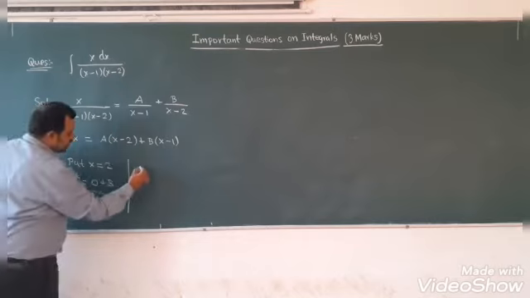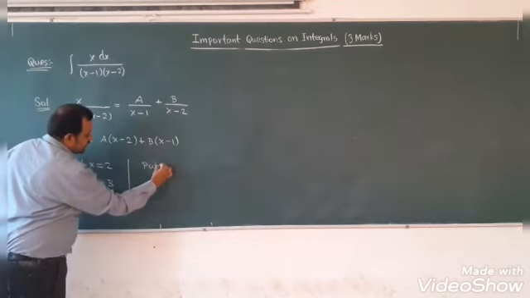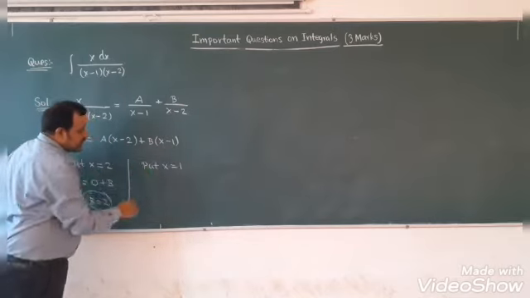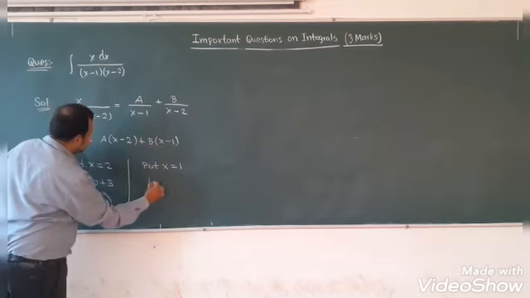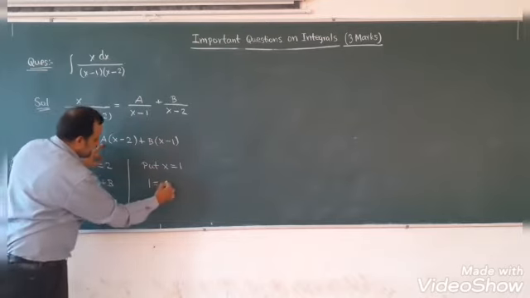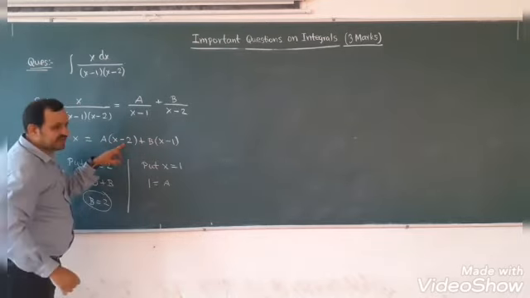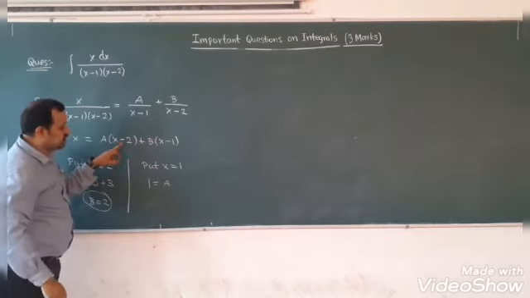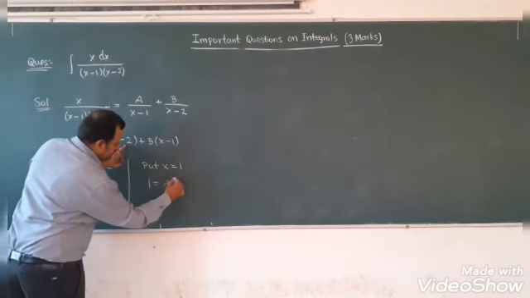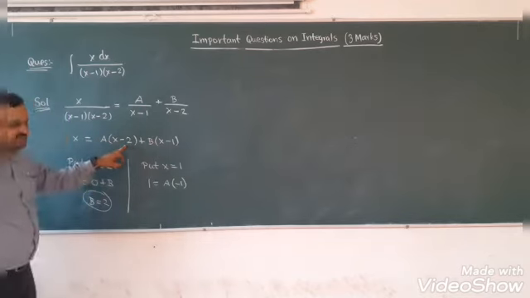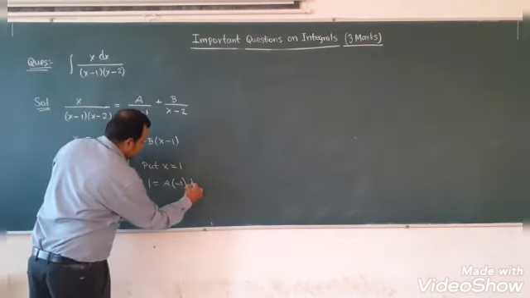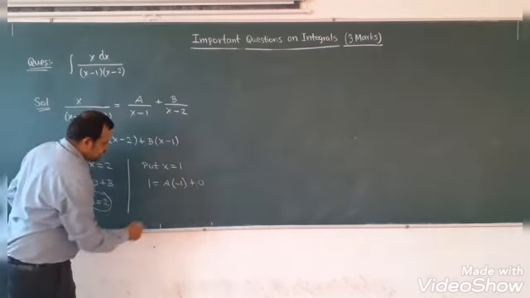Now put x is equal to 1. When you put x is equal to 1 here, this will become 0. So 1 is equal to a into (1 minus 2). 1 minus 2 is minus 1, and this other term is nothing but 0.